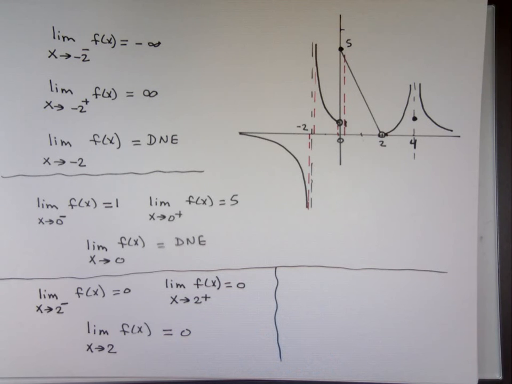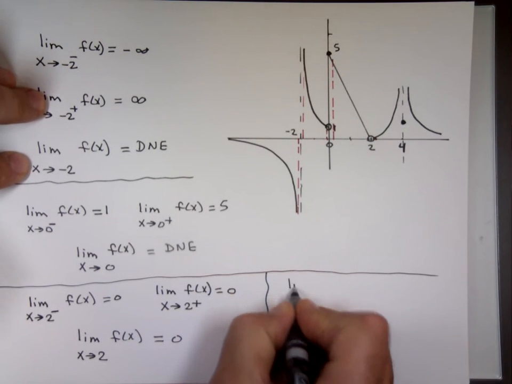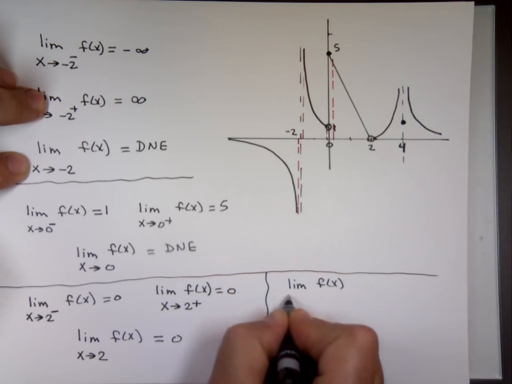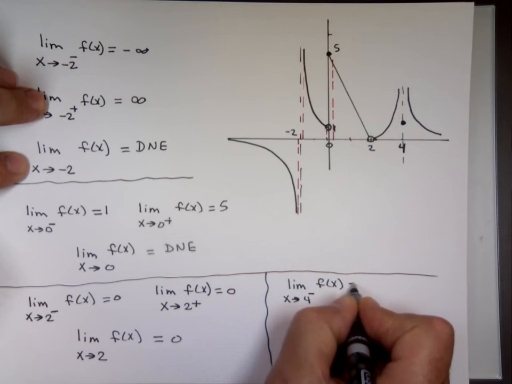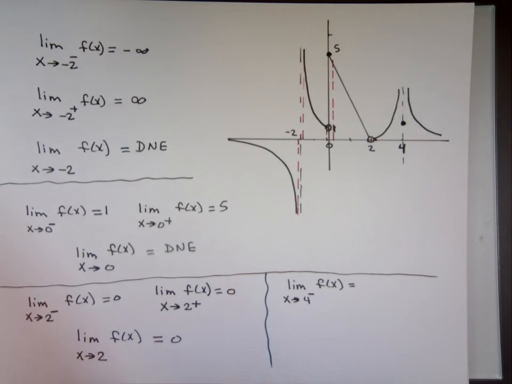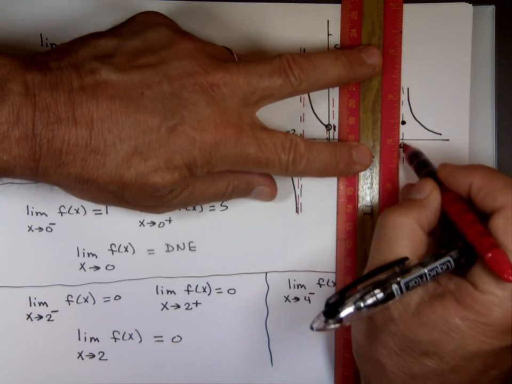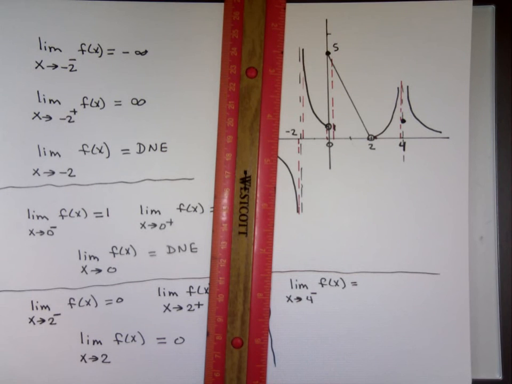And the last one, we'll do the 4. What's the limit of f of x as x approaches 4 from the left? So what is the y value as you get close to 4 from the left side? Here's 4 from the left side, and the y value is going up, up, up, up, up. Where's it going to touch the graph at?